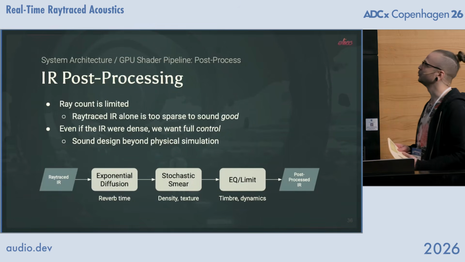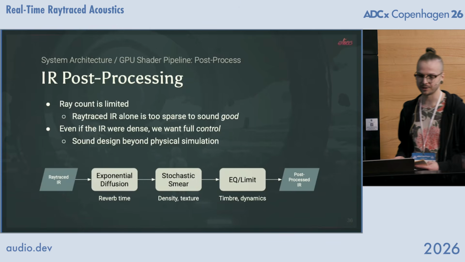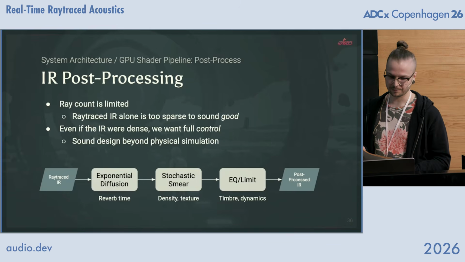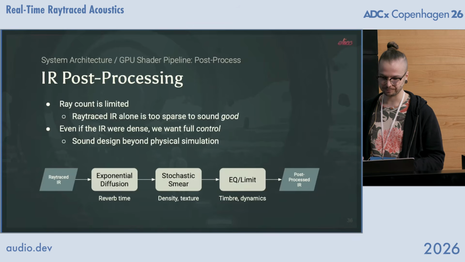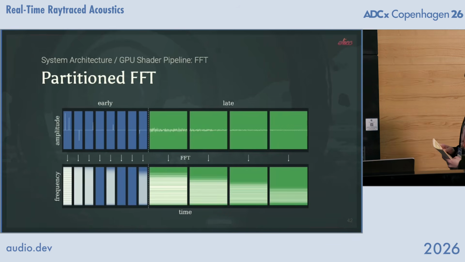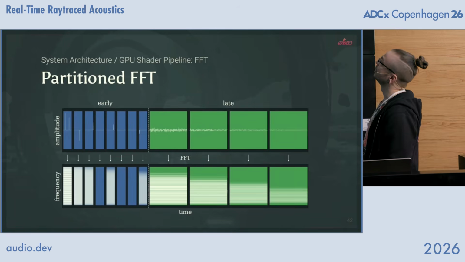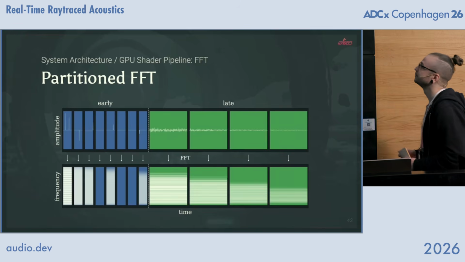And then finally, we run it through an EQ and a limiter to control the timbre and the dynamics of the impulse response. And as a final GPU shader pass, we prepare the impulse response for real-time convolution.